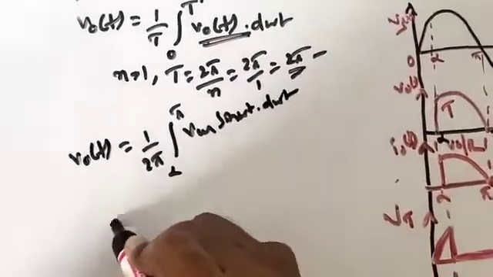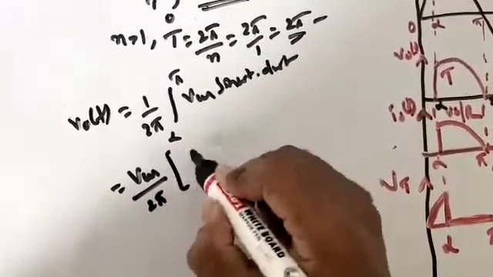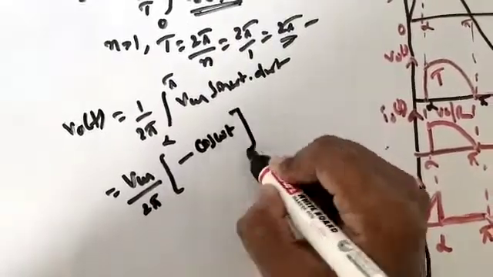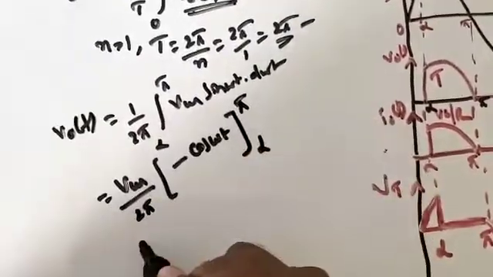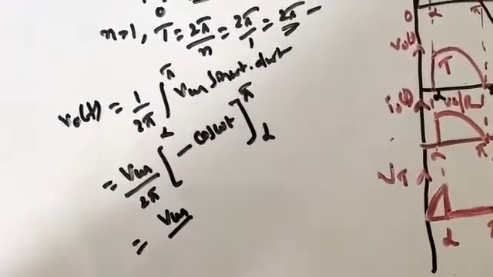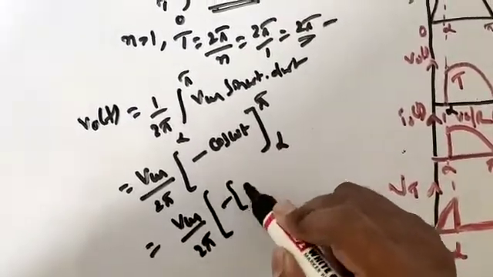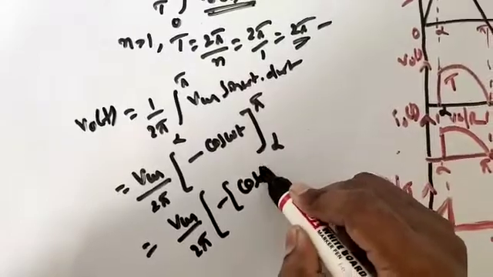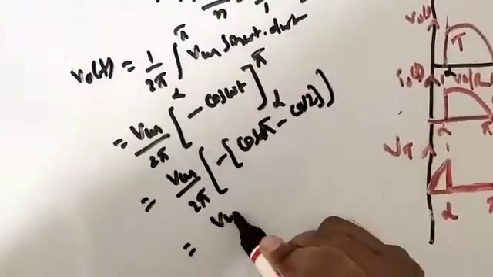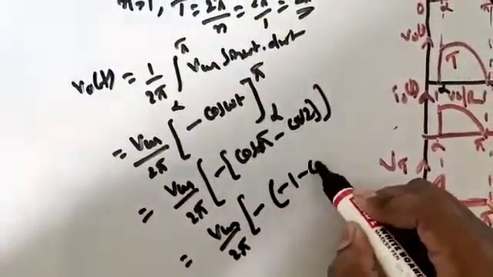Now if I calculate this, Vm by 2 pi, taking Vm outside, the integration of sine omega t is minus cos omega t under limits alpha to pi. So Vm by 2 pi into minus of cos pi minus cos alpha. That equals Vm by 2 pi into, minus of cos pi is plus 1, and minus cos alpha.